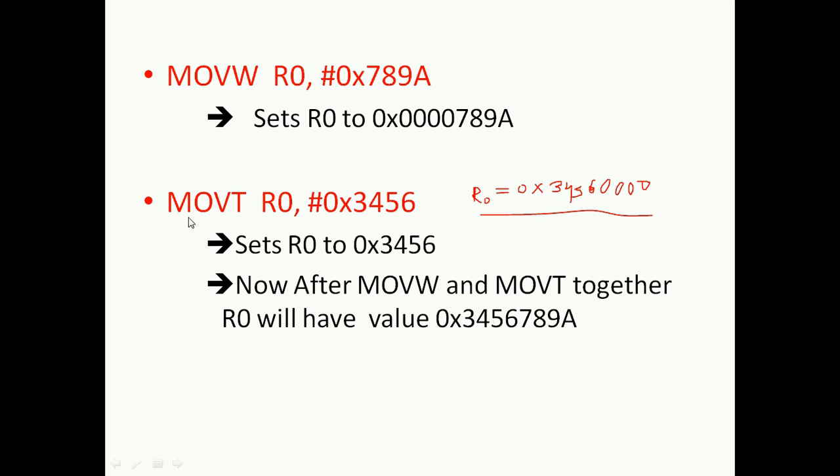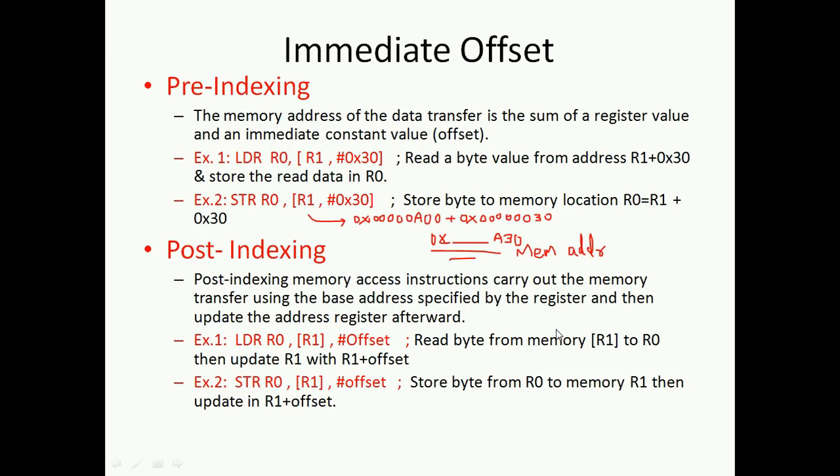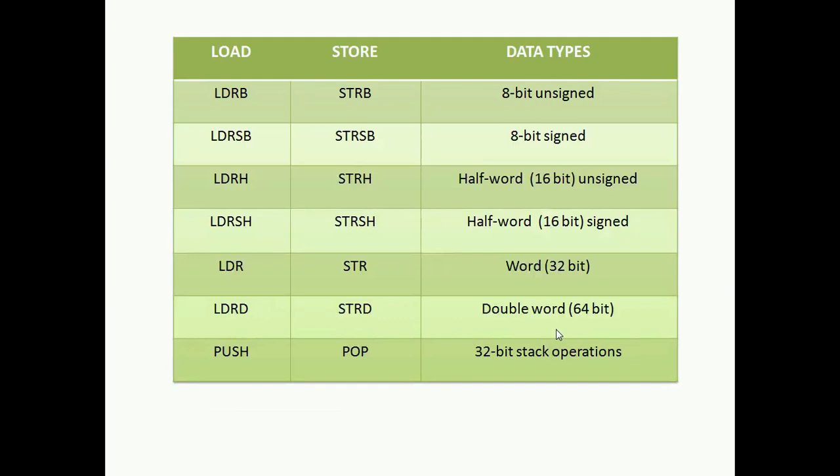Later, on execution of this line, this will be loaded from this side, that is 3, 4, 5, 6, and these were already loaded. So after these two successful executions, R0 content is this. This we have already discussed.